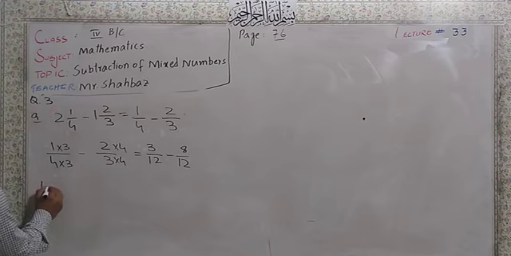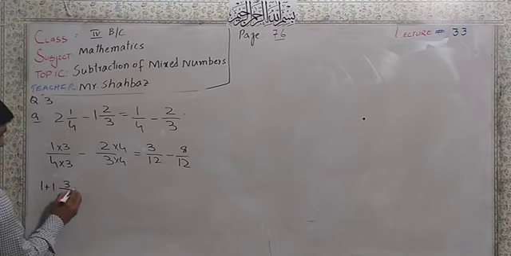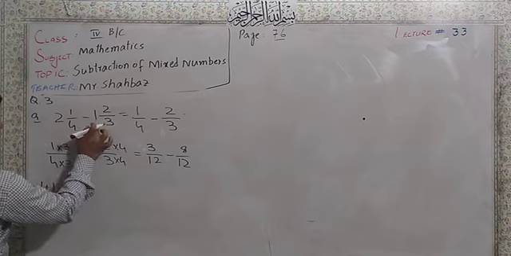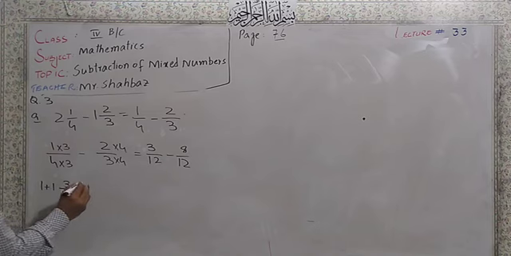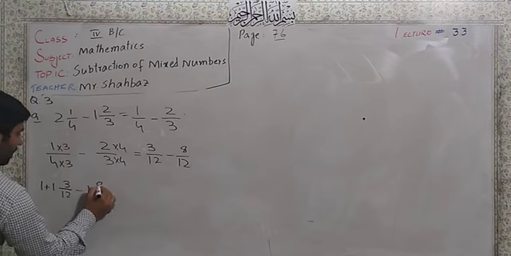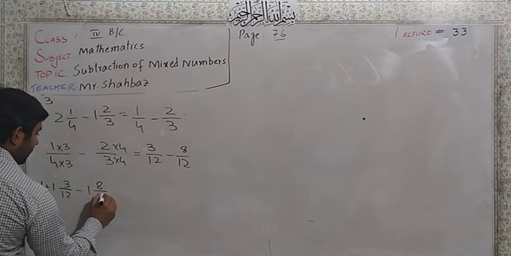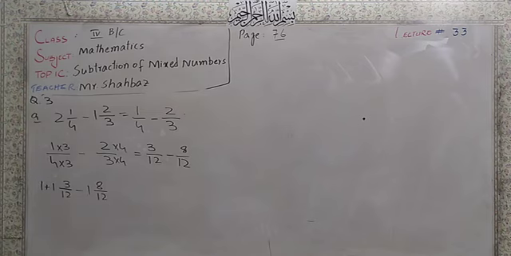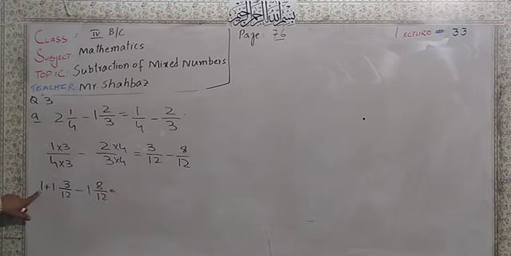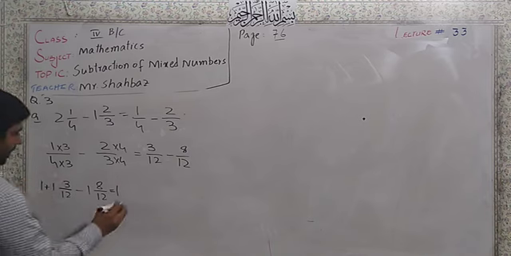We can write 1 plus 1 means 2, and the fraction 3 over 12 minus this whole number is 1, and this 8 over 12. So we will write this whole: 12 ones are 12 and plus 3 is 15.